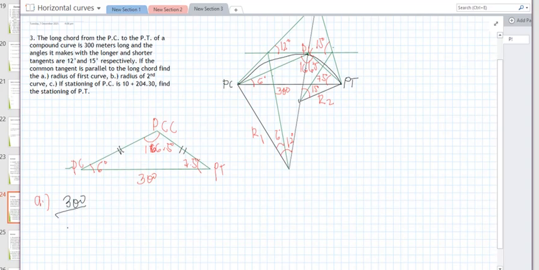Sine of 166.5 is equal to the distance PC to PCC, sine of 7.5. So this distance, PC to PCC.